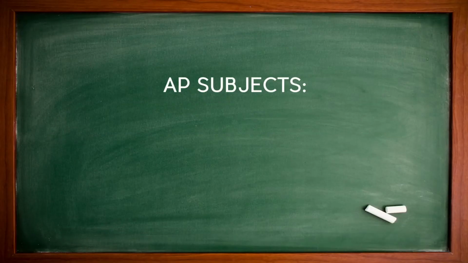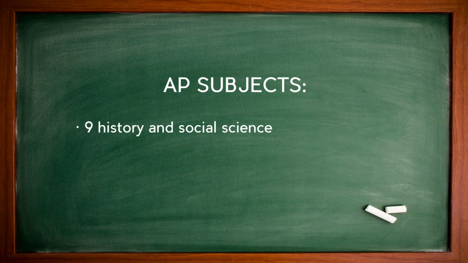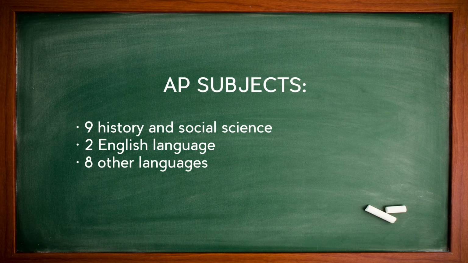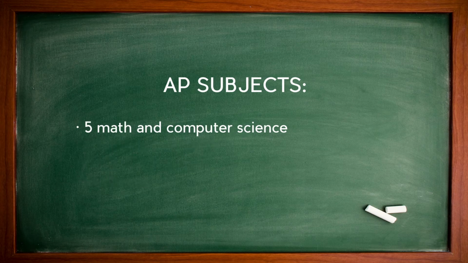AP exams are administered by an organization called the College Board. And the College Board has thousands of members representing US colleges and universities. There are 38 subjects in AP: 9 in history and social science, 2 in English language, 8 in other languages, 7 in science, 5 in maths and computer science, 5 in the arts and 2 in research.